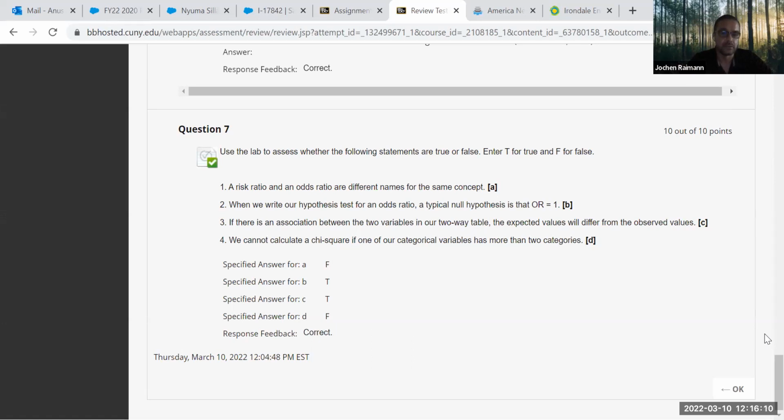The conclusion and interpretation of the chi-squared value is that the observed are significantly different from the expected, and thus there is an association between the two variables of interest.